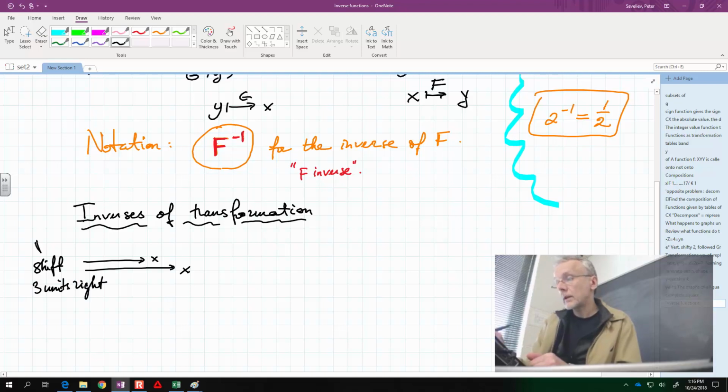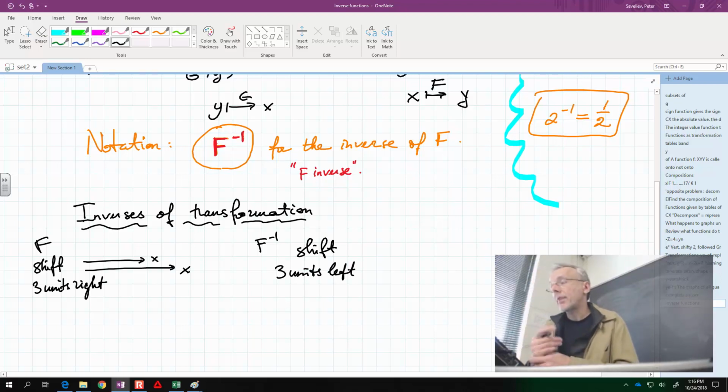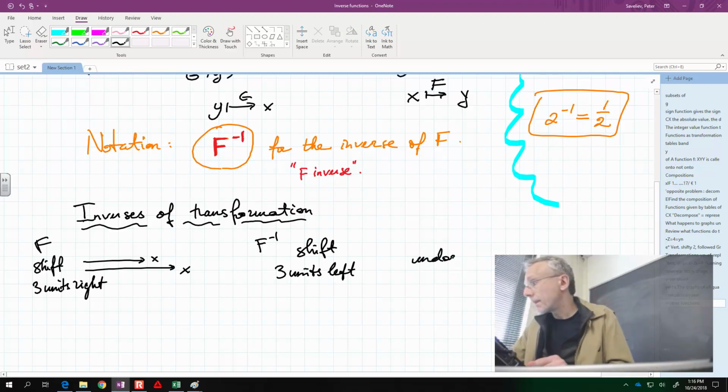That's my F. Okay, F inverse, shift 3 units left. So you see how it works out. The inverse will undo the effect of the original function. Undoes F. That's what inverse does.